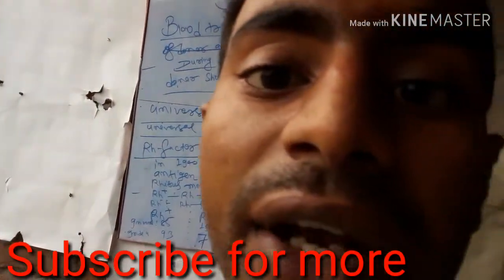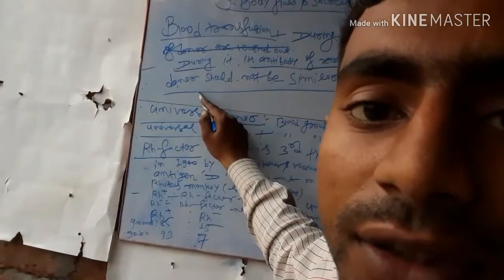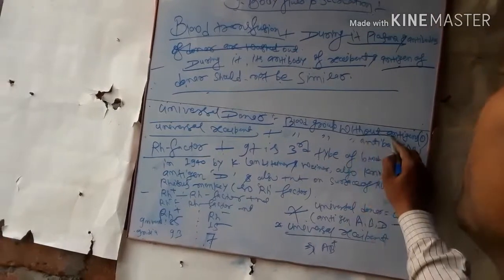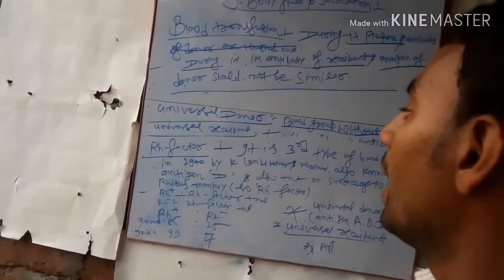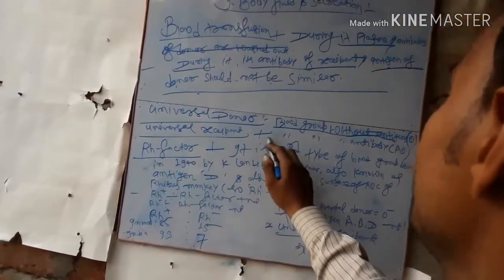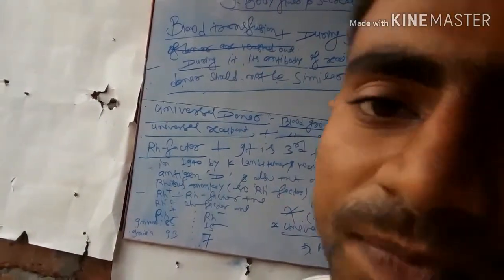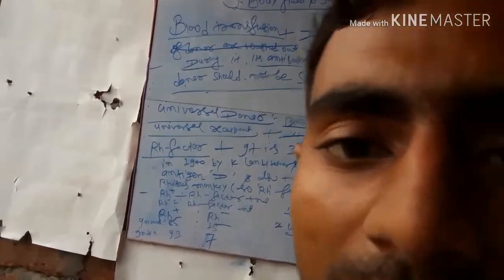The universal donor is the blood group without antigens, that is O, and the universal recipient is the blood group without antibodies, that is AB.